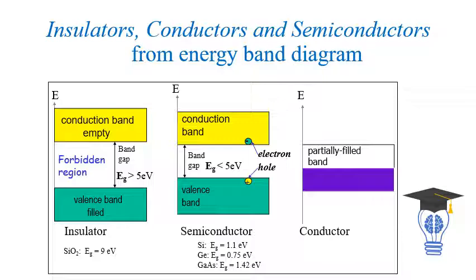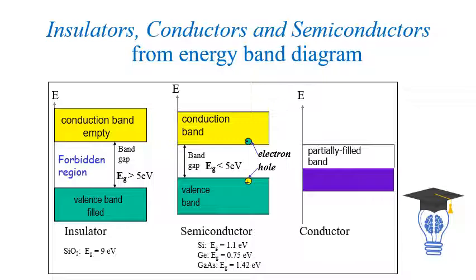If you require energy Eg of more than 5 electron volts to move an electron from the valence band to the conduction band, then it is a large amount of energy required. 5 electron volts is very large, so it is difficult to move an electron from the valence band to the conduction band. So this kind of material is called an insulator.